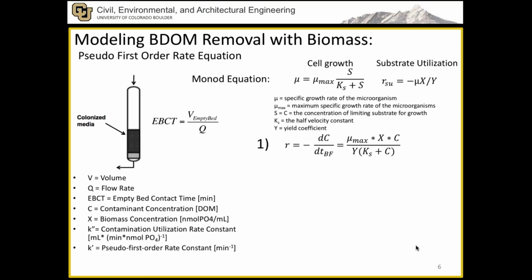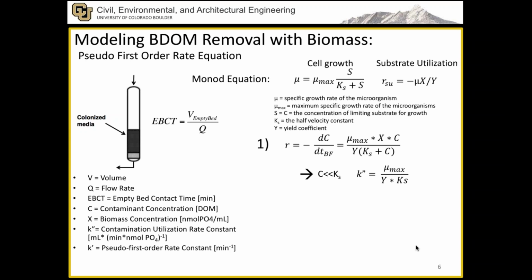As you remember, the substrate coming in is extremely low, so the concentration of the limiting substrate for growth will be less than the Ks, the half velocity constant. Therefore, it is insignificant.